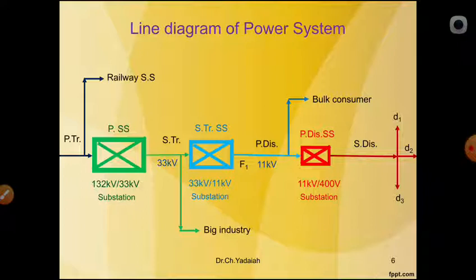Whereas the distributors, you can see D1, D2, D3, are the conductors from which a number of tappings are taken for different consumers. D1, D2, D3 take the output of the 11 kV by 400 volts substation.